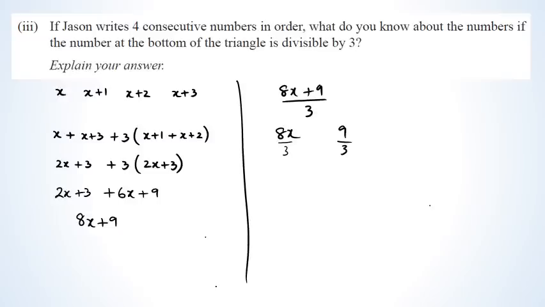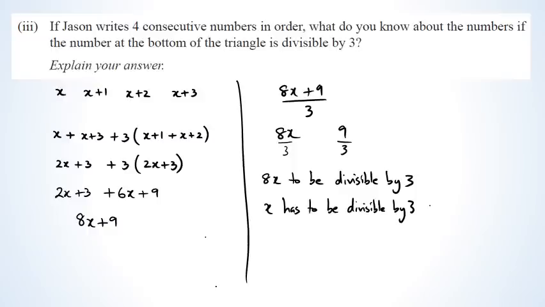So 9 is divisible by 3, but for 8x to be divisible by 3, x has to be divisible by 3.